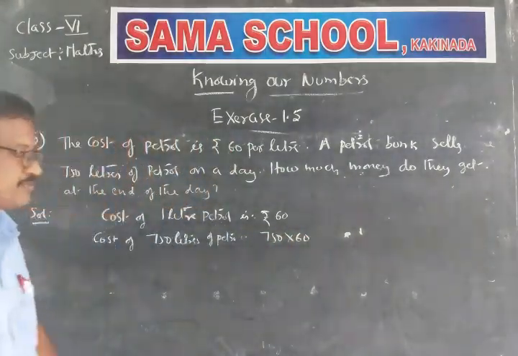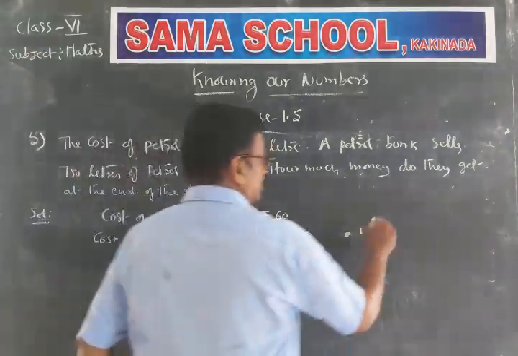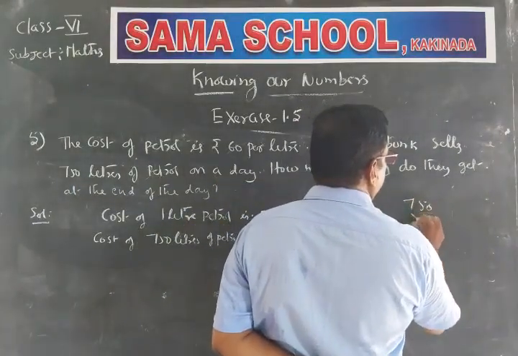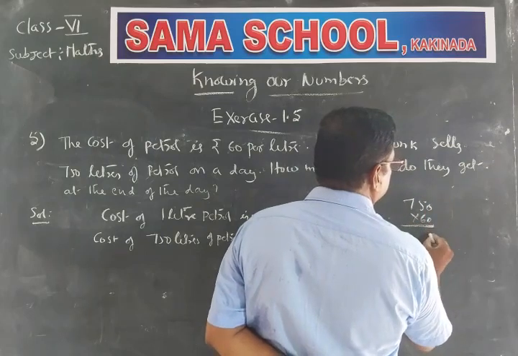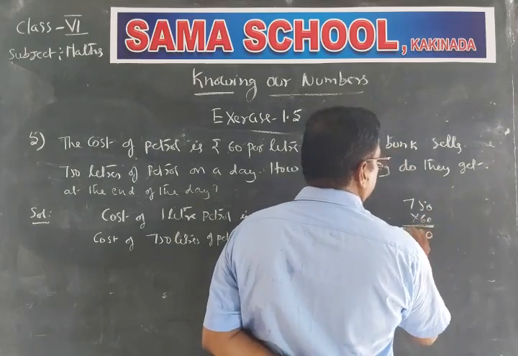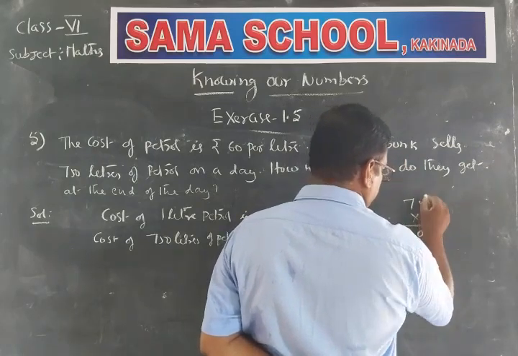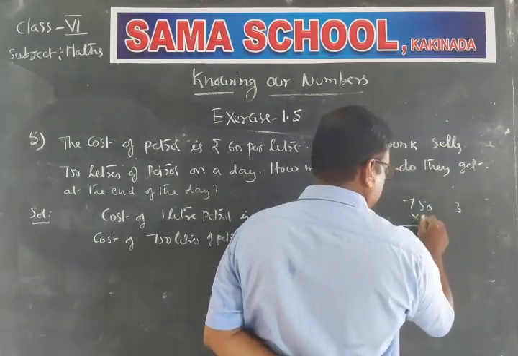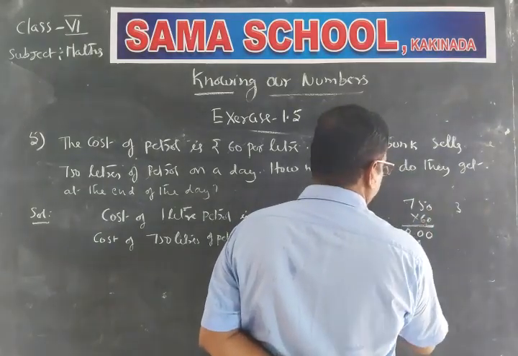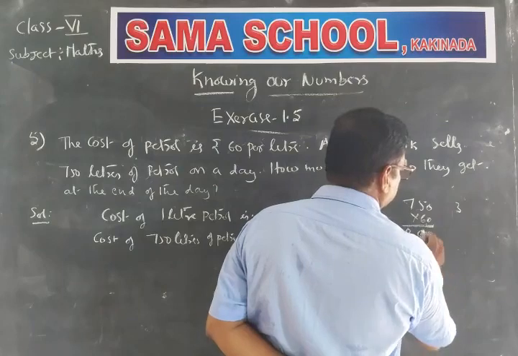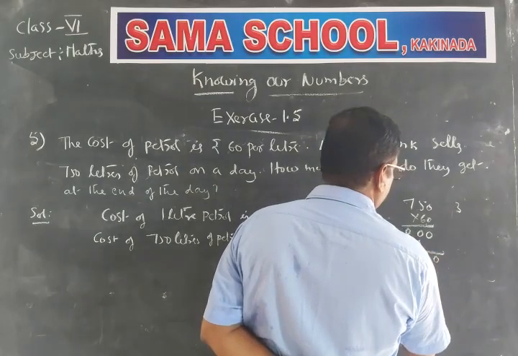You multiply 750 into 60. 0 times 0 is 0, 0 times 5 is 0, 6 sevens are 42 plus 3, 45. So it is 45,000.